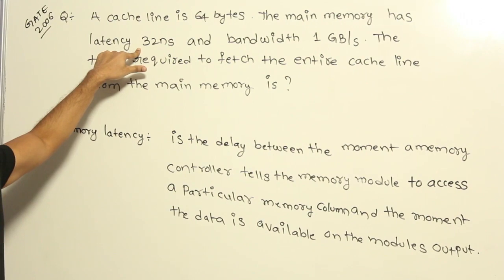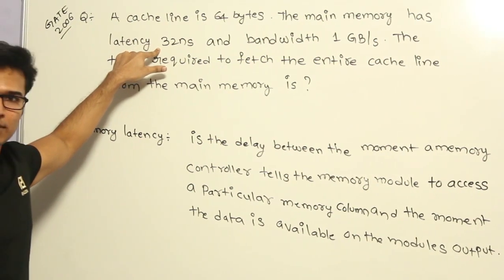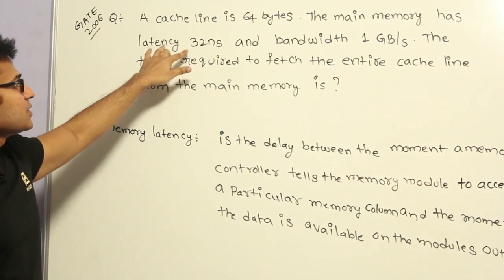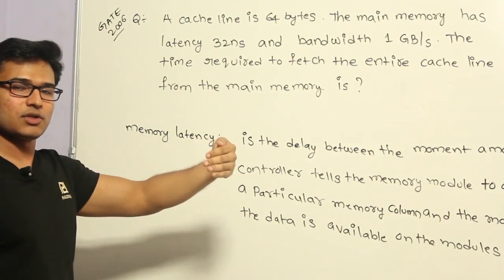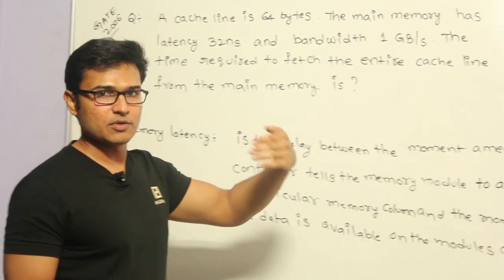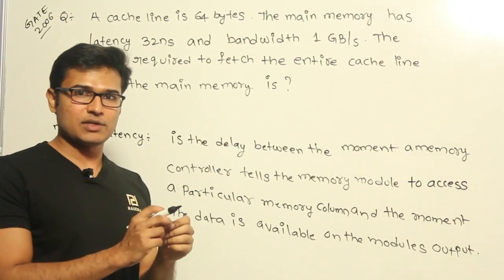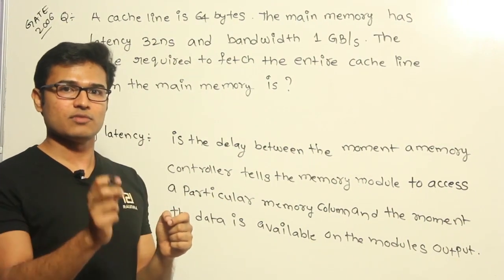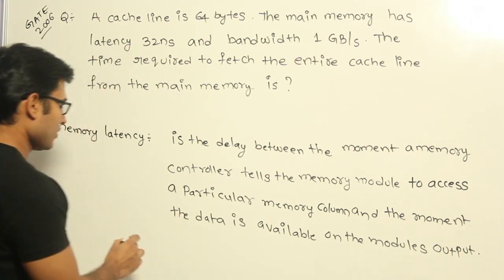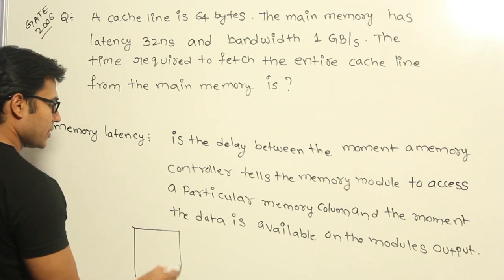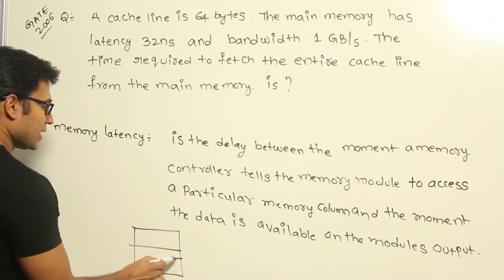You can compare it to the seek time in a hard disk, right? So latency means once you issue the request to get where some information is, the time taken to go to that information and locate it is actually the latency.